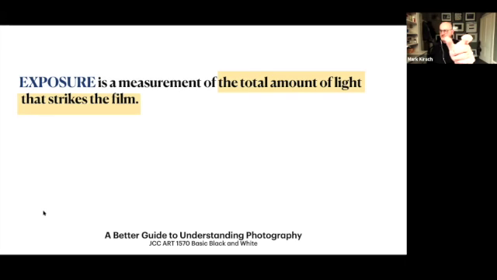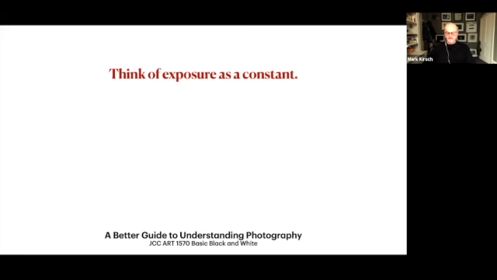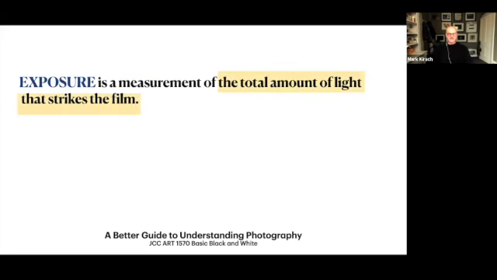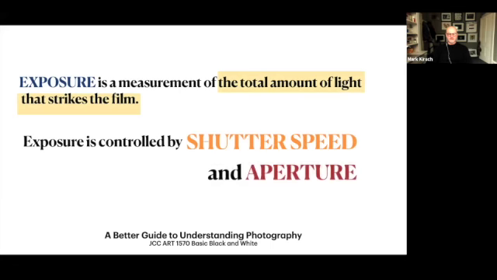The difference between too much and too little is just a small amount. So exposure is controlled by shutter speed and aperture, and that we established through this excruciating first hour.